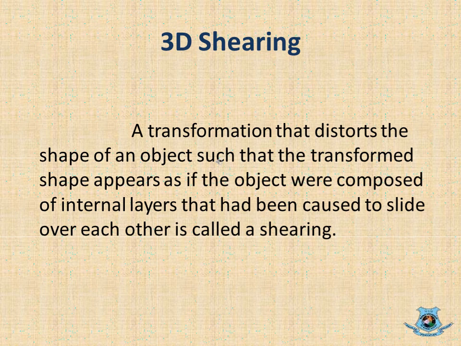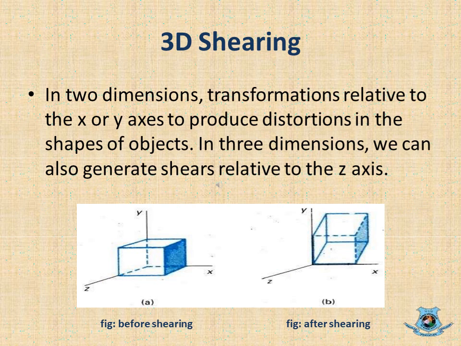There are three versions of shearing. In shearing in 2 dimensions, the transformations relative to the x or y axis produce distortions in the shape of the object. In 3 dimensions, we can also generate shears relative to the z-axis. The figure shows before shearing and after shearing.